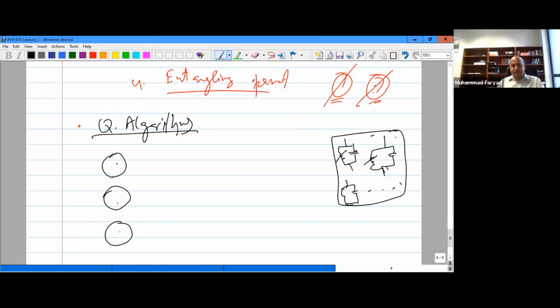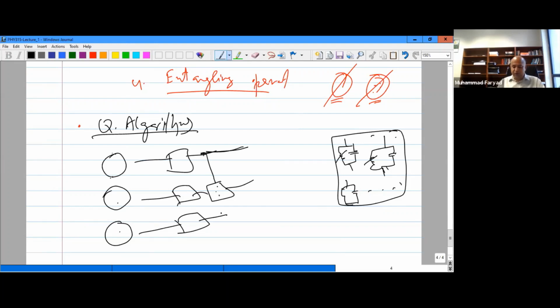A quantum algorithm is a sequence of operations, and these individual operations are called gates. There may be some conditional gates or entangling operations that I was talking about. So you do something to this, something to this, something to this, and something jointly to this. Physically the systems are there and you are doing operations on them. Schematically I can represent them using these gates.